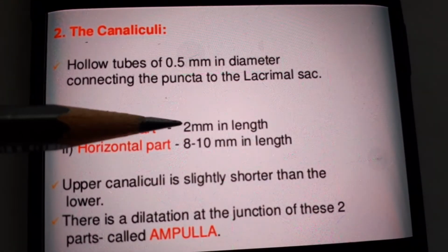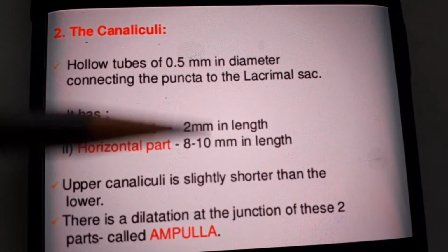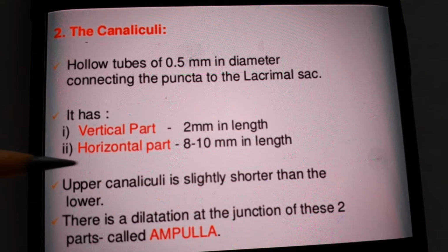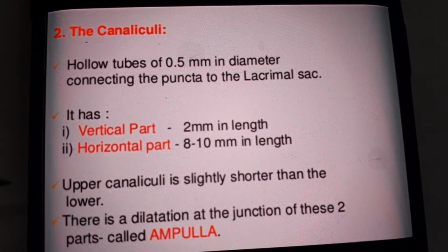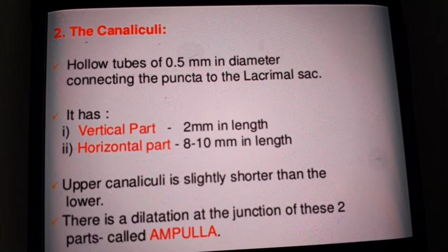The vertical part is 2 mm in length and the horizontal part is 8 to 10 mm in length. The upper canaliculus is slightly shorter than the lower. There is a dilatation at the junction of these two parts called the ampulla. Now both the canaliculi open into the lacrimal sac. Next slide. So the lacrimal sac.